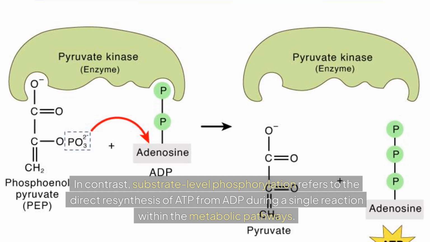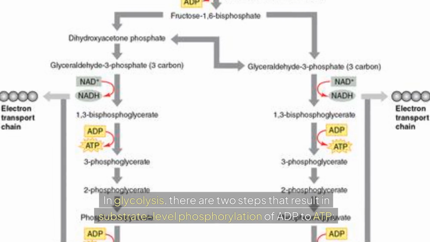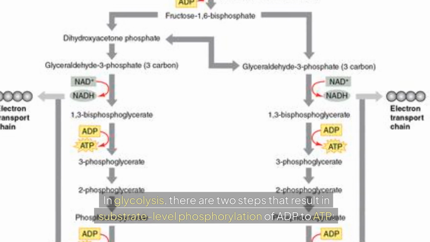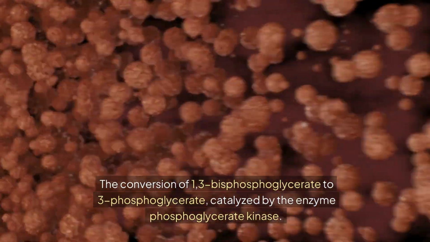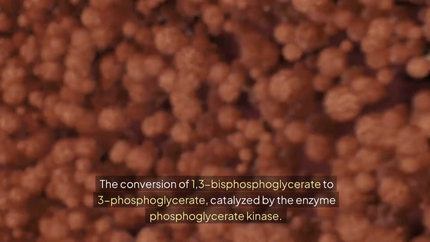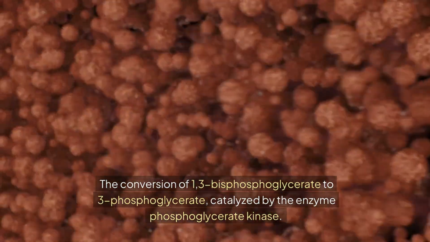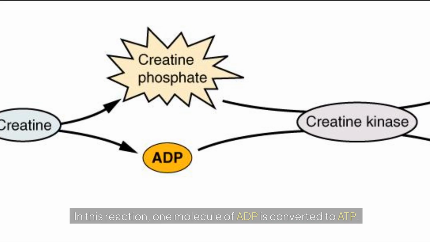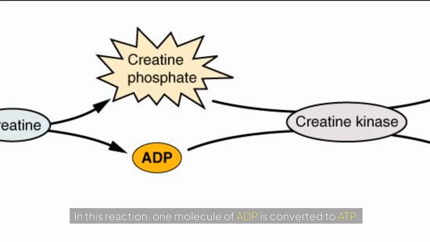metabolic pathways. In glycolysis, there are two steps that result in substrate level phosphorylation of ADP to ATP. The conversion of 1,3-bisphosphoglycerate to 3-phosphoglycerate, catalyzed by the enzyme phosphoglycerate kinase. In this reaction, one molecule of ADP is converted to ATP.